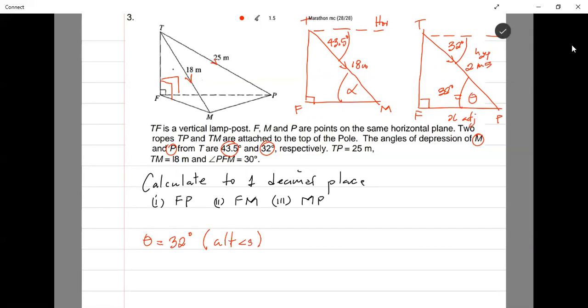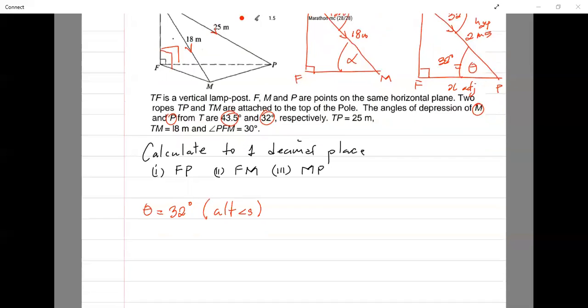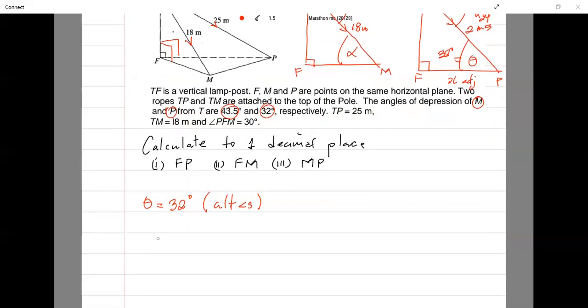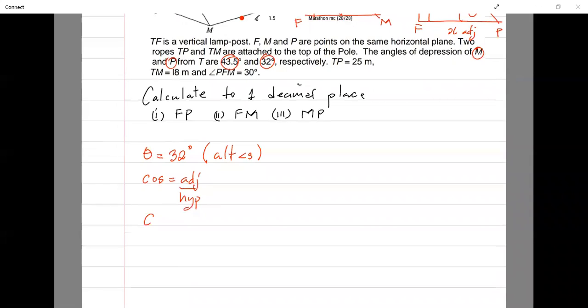The ratio that includes adjacent and hypotenuse is, sorry, it's cosine. So cos is equal to adjacent over hypotenuse. Then the cosine of 32 degrees is equal to adjacent x over hypotenuse 20.